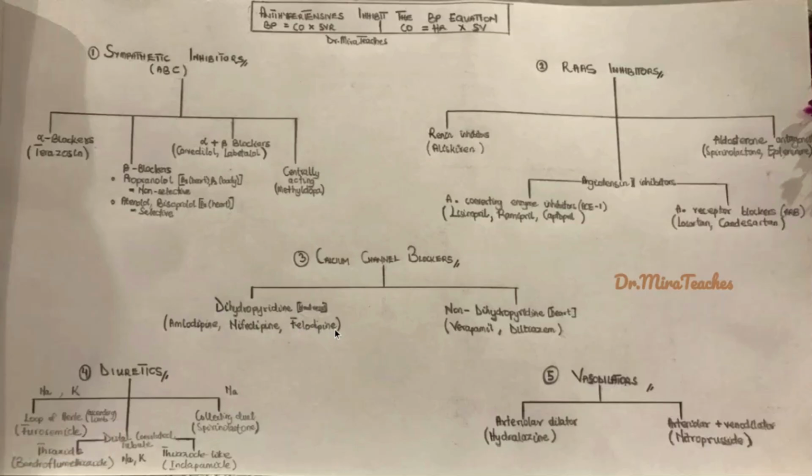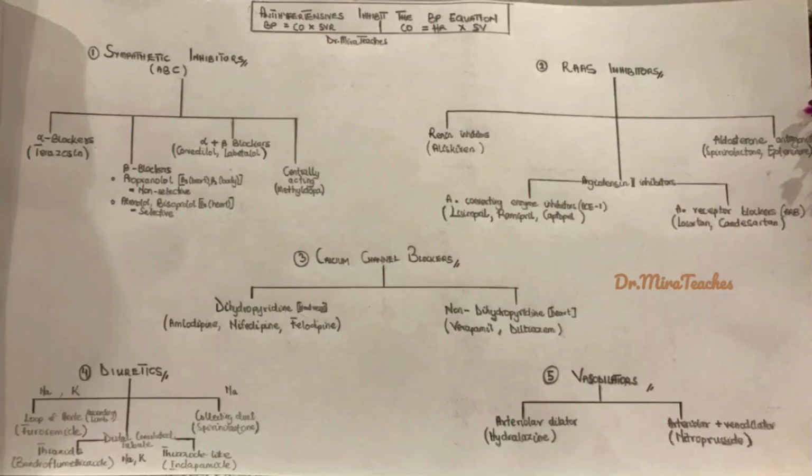Then we have the non-dihydropyridine calcium channel blockers, which work on the heart. They help to reduce the contractility of the heart. So we have verapamil and diltiazem. Now the thing about calcium channel blockers is that calcium in itself helps with vasoconstriction and also heart contractility. So once you block calcium, you help to reduce vasoconstriction and reduce the strength at which the heart is going to contract.